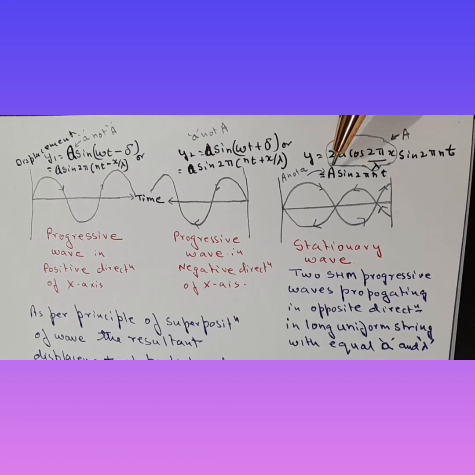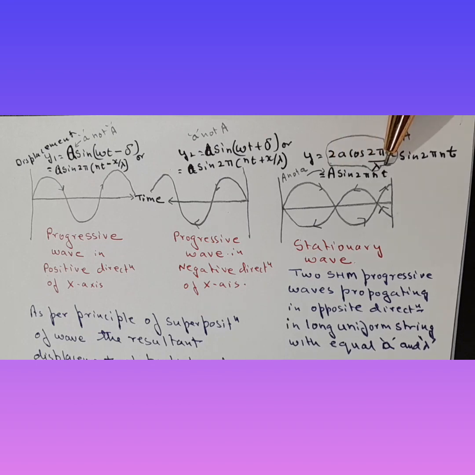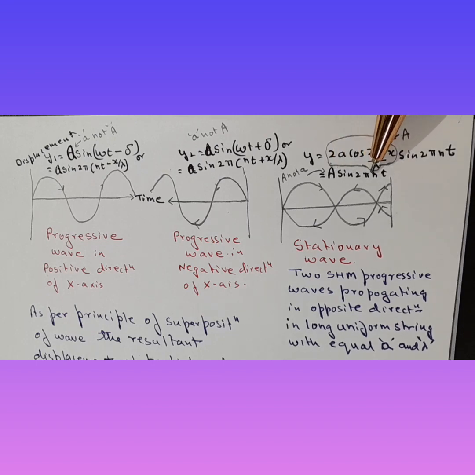So the formula takes the form A sin 2πnt. 2πn we know is ω, so it is A sin ωt. So even this would be an SHM, because this is the desired equation for SHM.